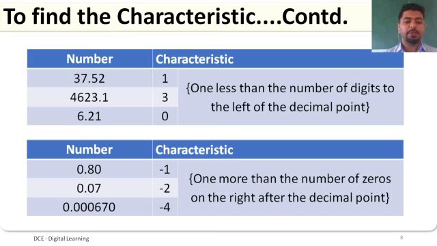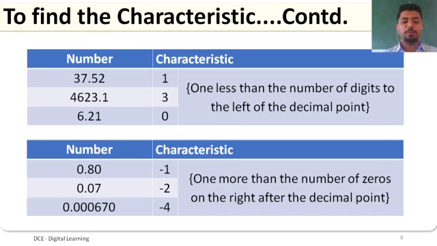Here 3 examples are given: 0.80, 0.07, 0.000670. In the example of 0.80, right after the decimal point there are no zeros. 0 zeros plus 1, that is, the characteristic would be 1 and it is negative. So the characteristic is minus 1.